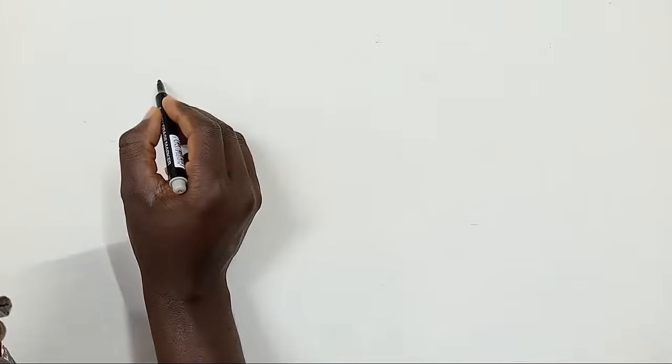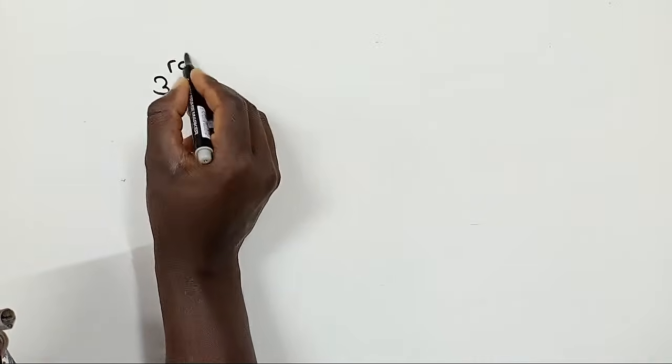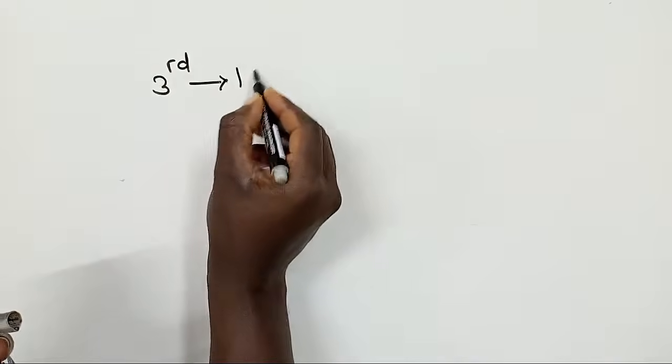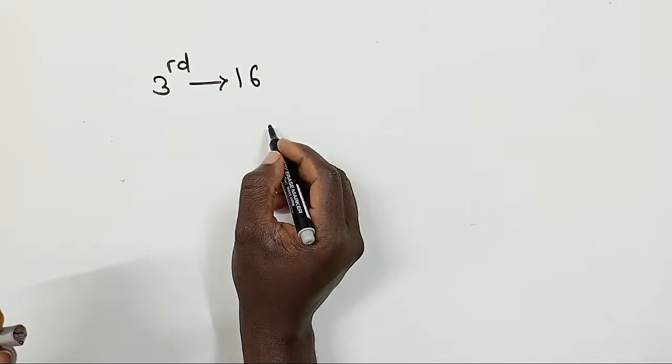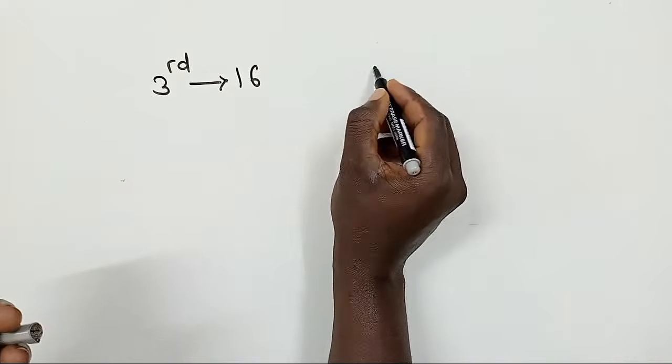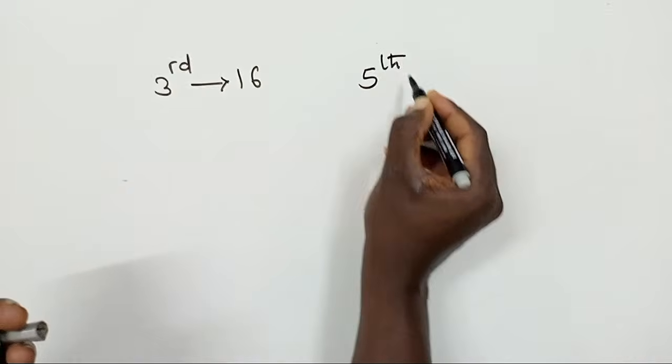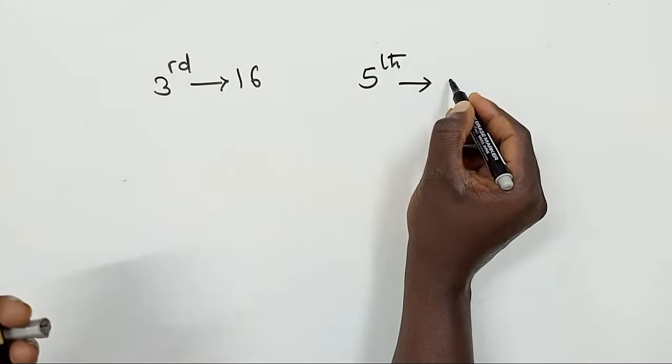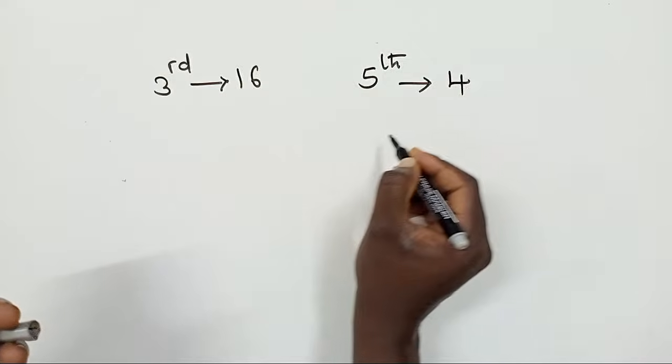So question 1B, in a geometric progression, the third term is 16. So we'll just say third term is 16. And the fifth term, term number 5, is 4.